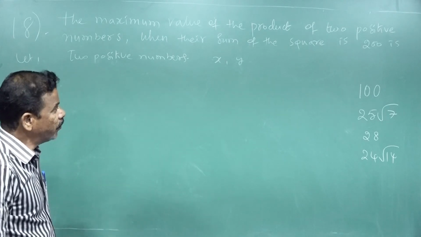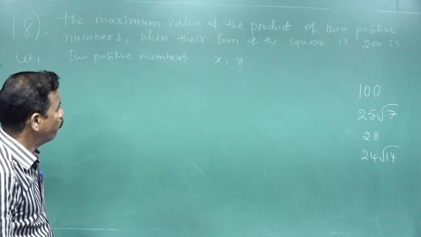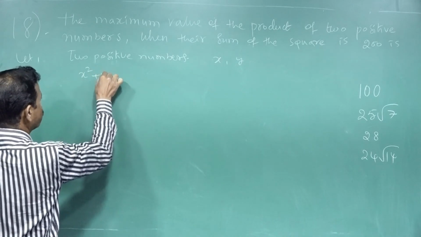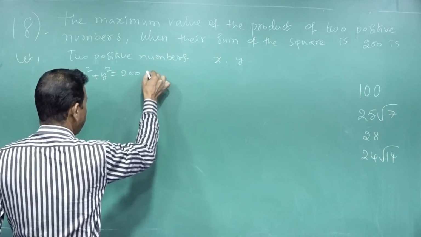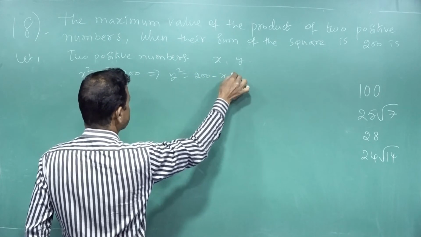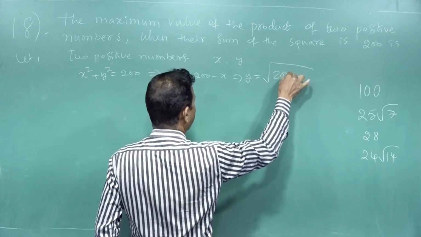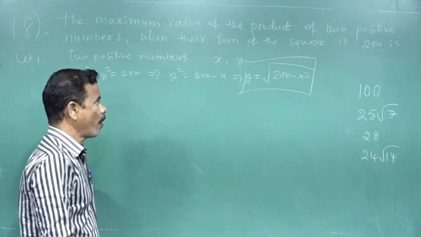After that, what is given? 200 is the sum of the squares of the numbers. x square plus y square is equal to 200, given. From this, y square is equal to 200 minus x square. Then y is equal to the square root of 200 minus x square. So this is y in terms of x.